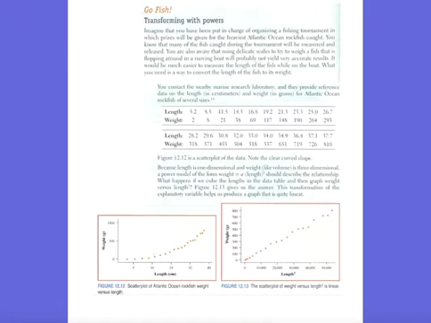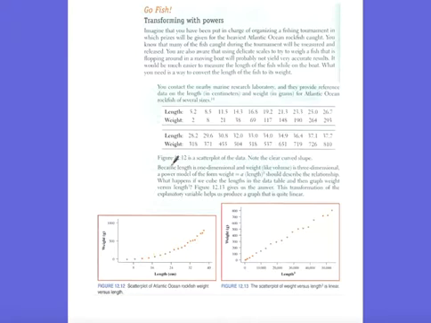They give you a table that shows different lengths and the weights that correspond with those lengths. In Figure 12.12, we see a scatter plot of the data that was given to us. It's important that you notice that it has a curved shape.